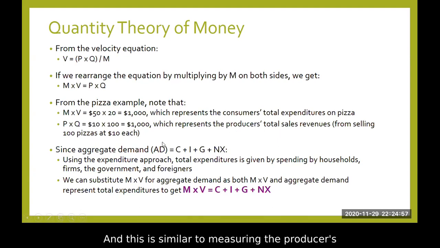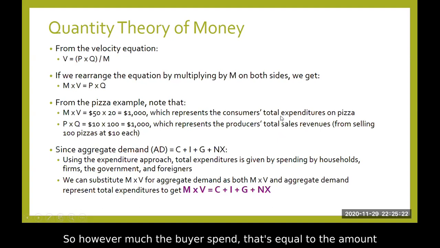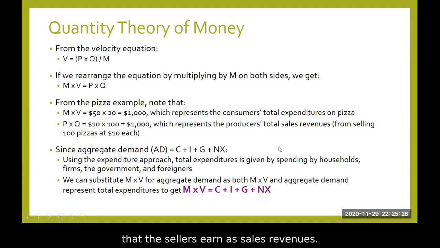And this is similar to measuring the producer's total sales revenues, right? However much the consumers spend on pizza is equal to how much the sellers are earning in revenues. So it's the same idea, like measuring GDP. There's the income approach and the expenditure approach. However much the buyers spend, that's equal to the amount that the sellers earn as sales revenues.